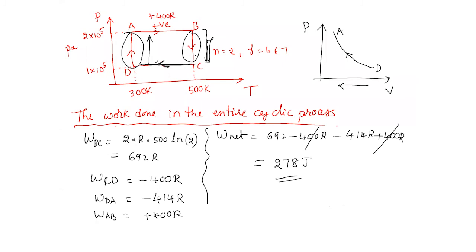Huh? You forgot R. Okay, I forgot R. So 278 R. Okay. Understood, children? Any doubt?